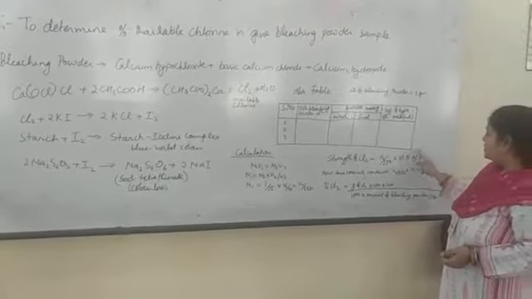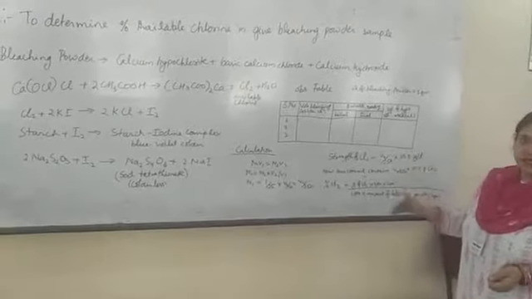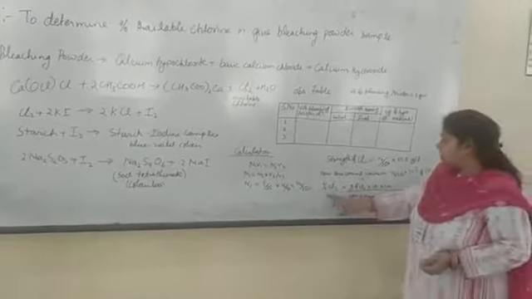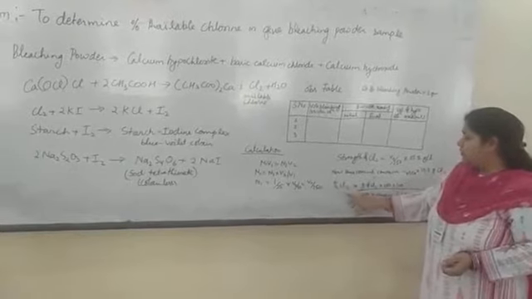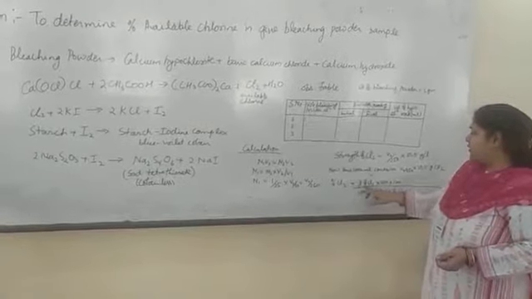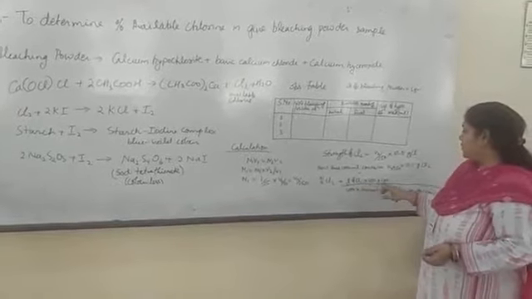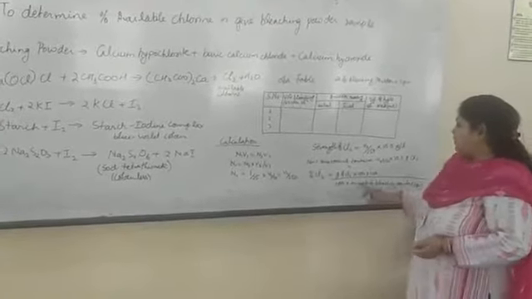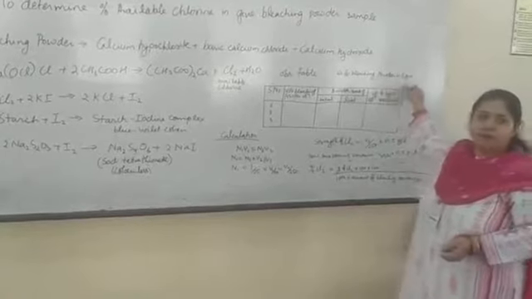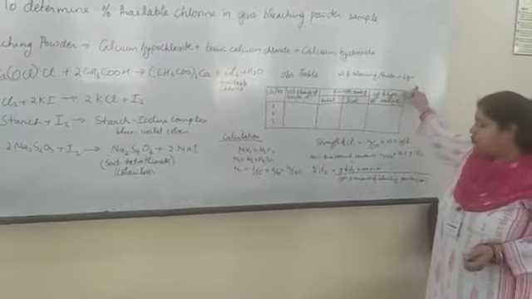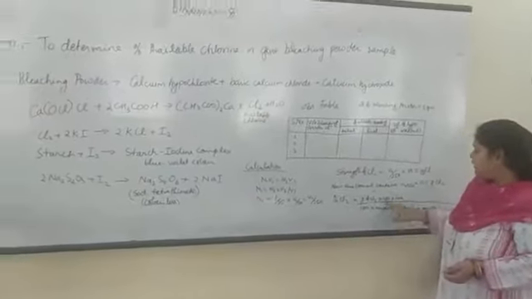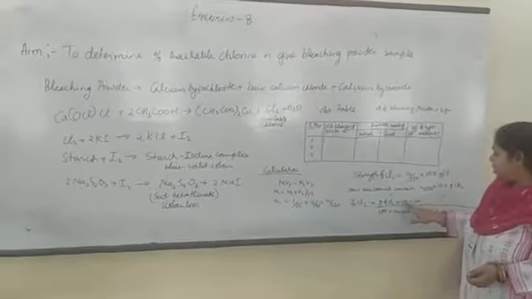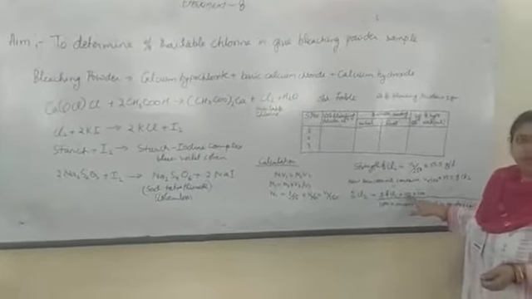To convert this gram per liter into percentage, we will simply calculate percent of chlorine by putting the grams of chlorine into 100 divided by 1000 into the amount of bleaching powder. We will take 1 gram of bleaching powder to prepare the solution, and this 100 is because we are preparing 100 ml solution.